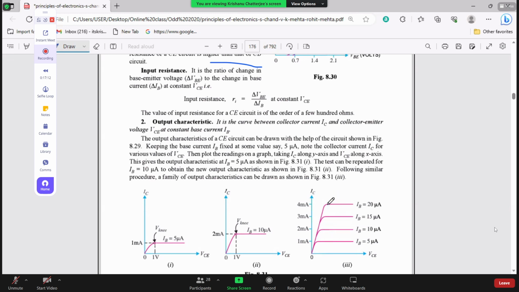This part we said to be the active region. This part we said to be the saturation region. And this part we said to be the cutoff region. In general, a transistor operates in active region. So these are the output characteristics of CE configuration.